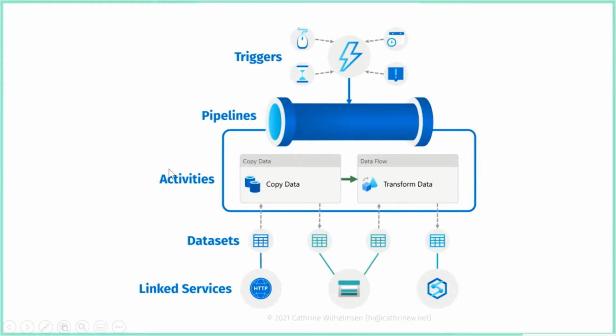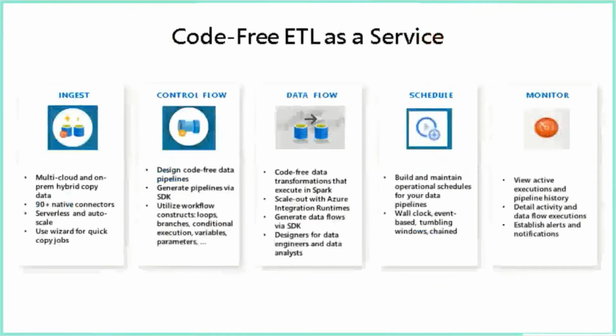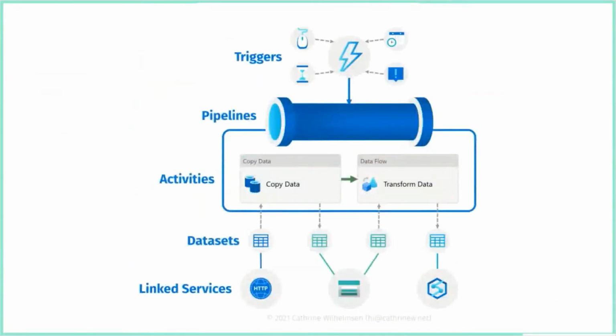So when you are working with Azure Data Factory, you need to create linked services, you need to create data sets, and to deal with the control flow and data flow, you need to create activities. And most of this, as I have clearly told, is code free. For none of this do you need to write code. You just need to drag and drop things, and configure things in a wizard.